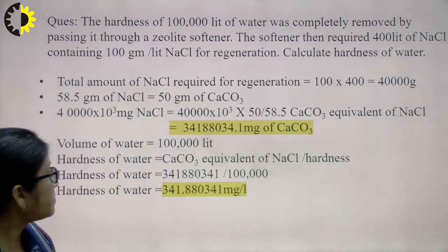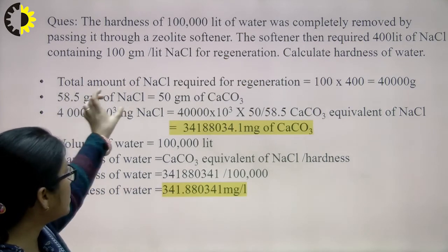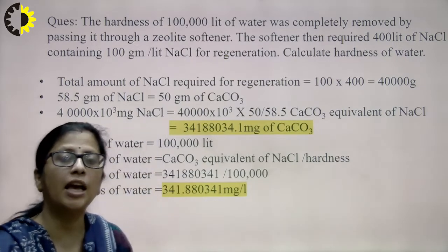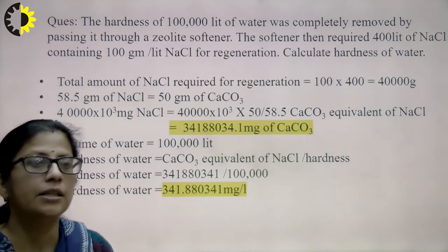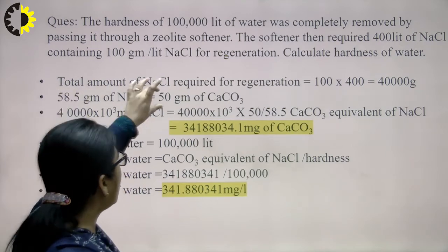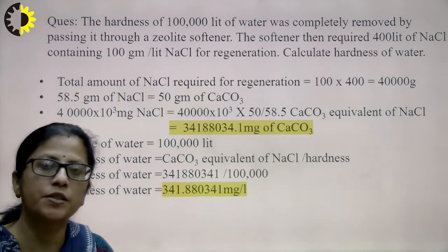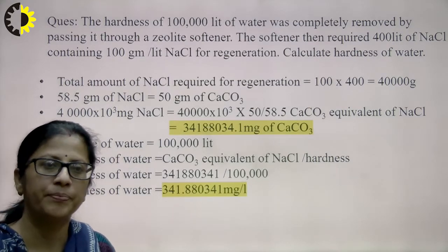Now, 58.5 gram of NaCl, this is the molecular weight, is equal to 50 gram of calcium carbonate. This is the equivalent weight of NaCl, where molecular weight and equivalent weight are the same, and this is the equivalent weight of calcium carbonate, because the n factor is 2, so the equivalent weight is 50.